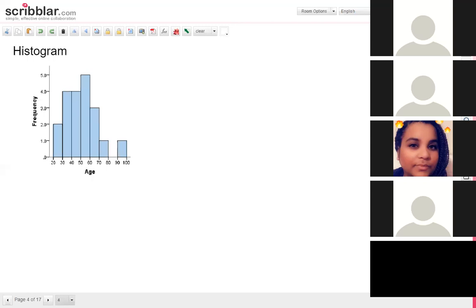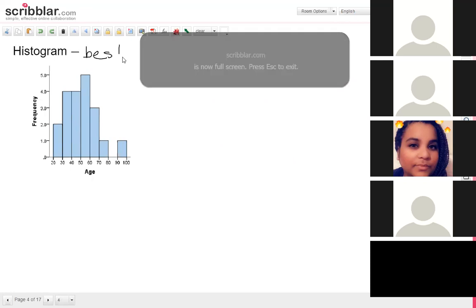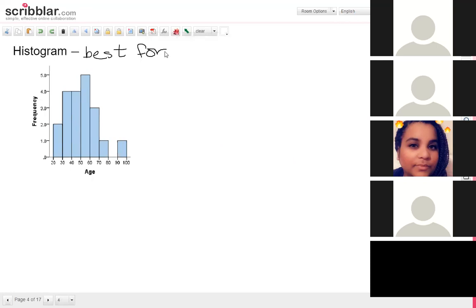Next is a histogram. So a histogram is also a type of bar chart. The difference between a bar chart and a histogram is you have continuous categories. So what we mean by continuous categories is they're all connected. So on this histogram, age is our bottom number.